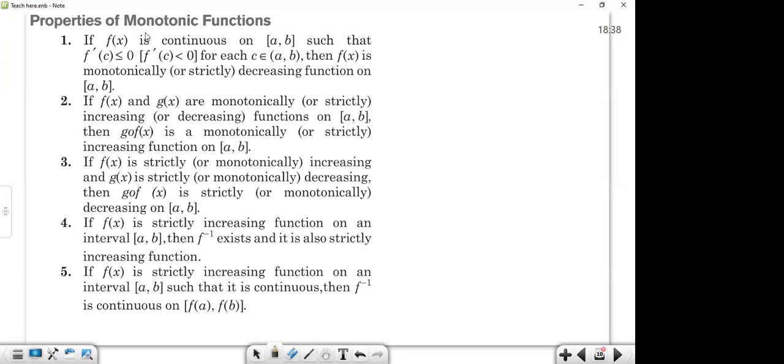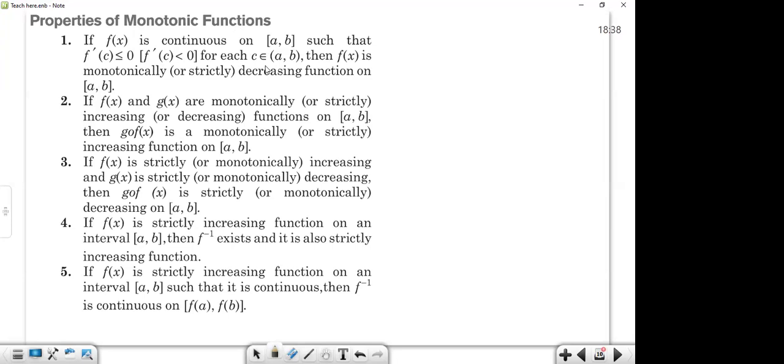So, properties of monotonic functions. If a function is continuous on the closed interval [a, b] such that the derivative is less than or equal to zero, then f dash c is less than zero for each c belonging to the open interval (a, b), then the function is monotonically or strictly decreasing. We talked about it earlier.